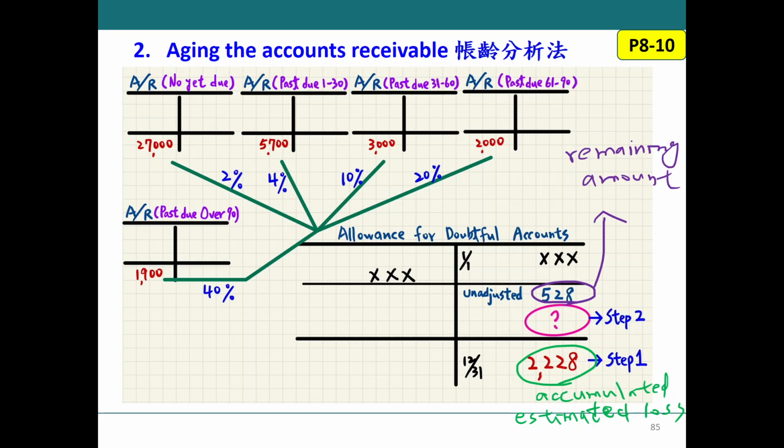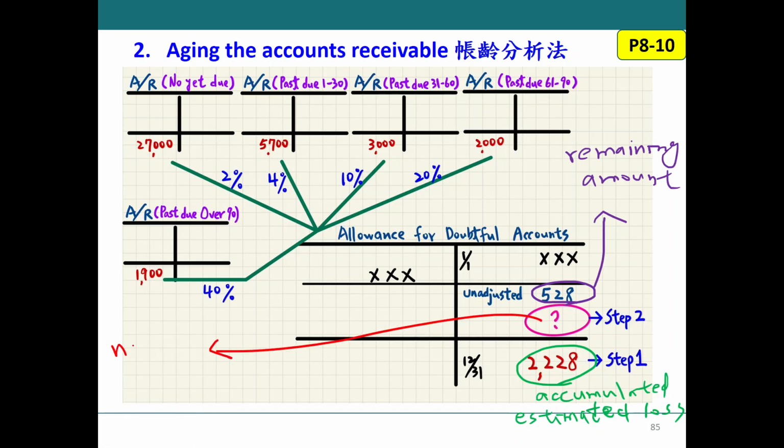So what does it mean? This year, you just need how much more? The difference, right? So how much is the difference? $1,700. Okay, so don't forget, your step 2 is what? Find out how much you need to estimate for this year.